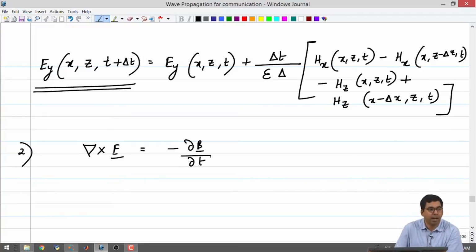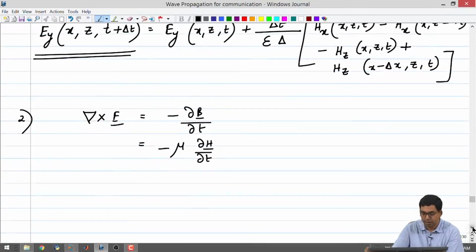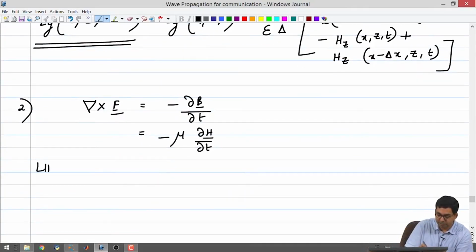So, here we are having ideal dielectrics. So, we are not considering the J or the displacement current in the case of the first curl equation, and here we are just saying del cross E is minus ∂B/∂t. Okay. So, you could also write this down as minus mu ∂H/∂t. Once again, we have to expand the left hand side.